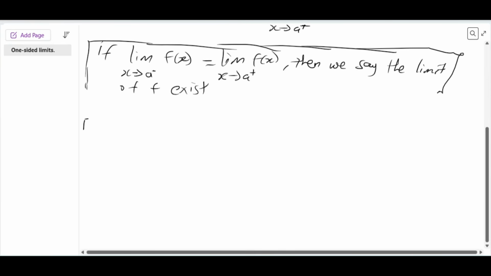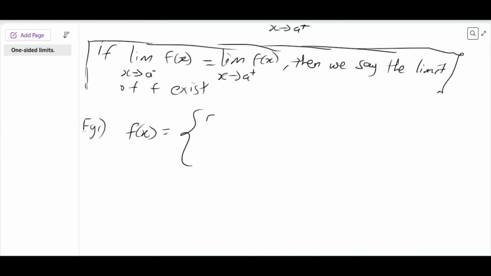So example 1, I have a piecewise function f of x, which is equal to 5 minus x when x is less than 0, and x squared plus 1 when x is greater than or equal to 0.